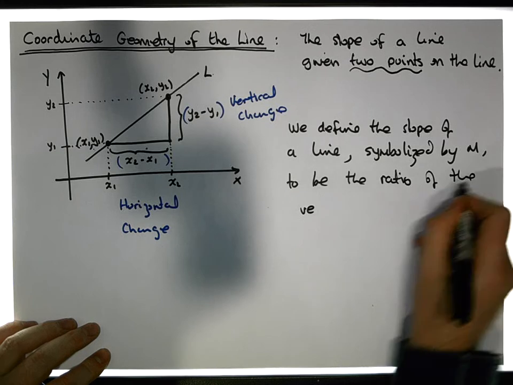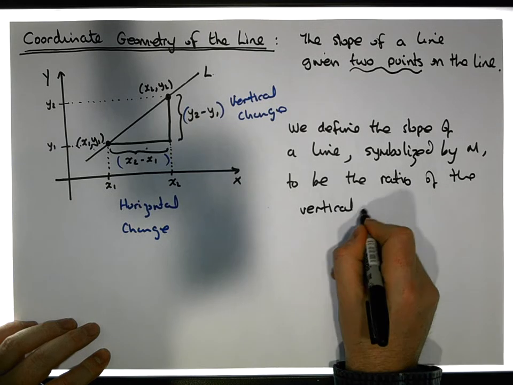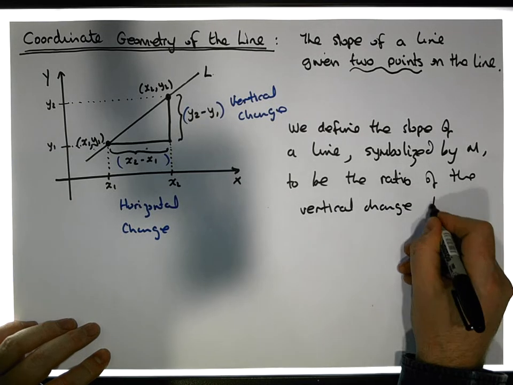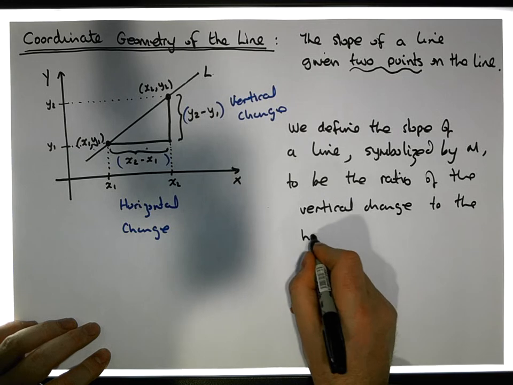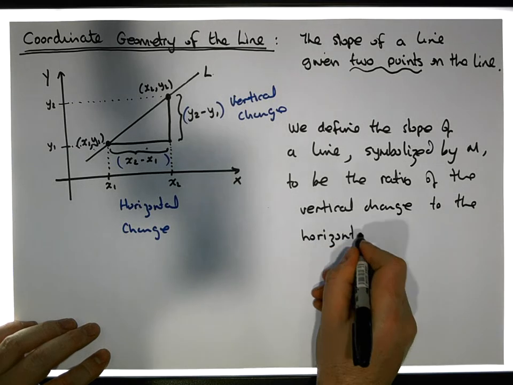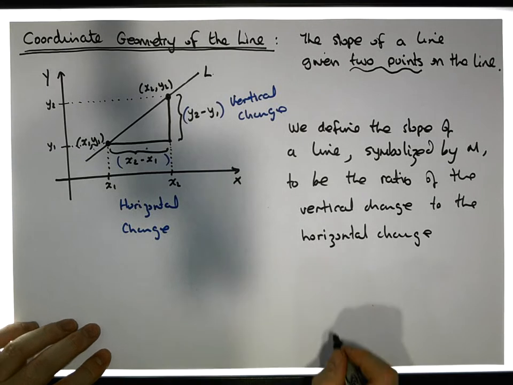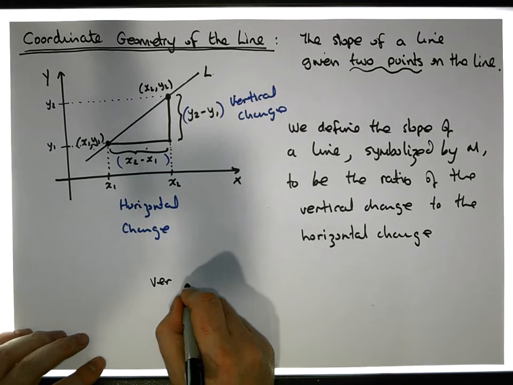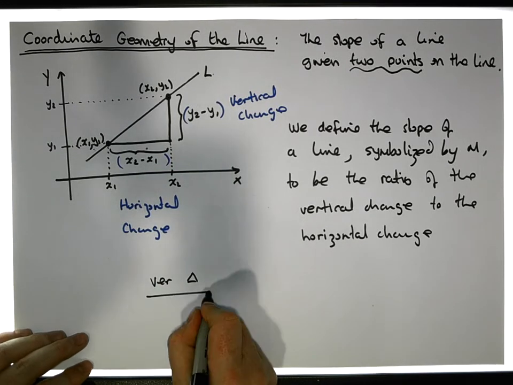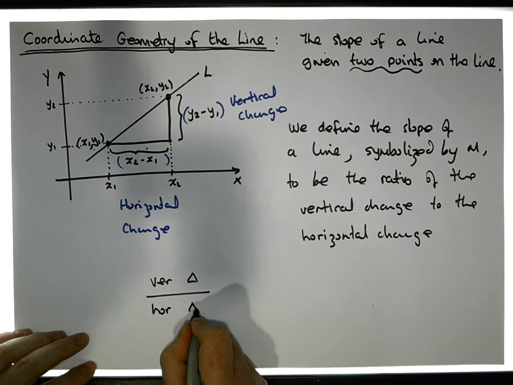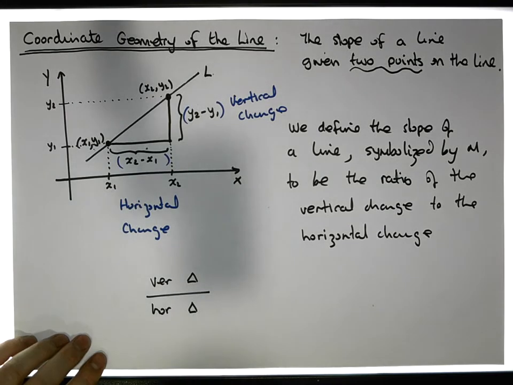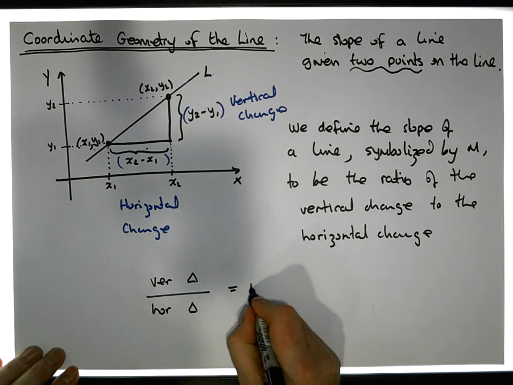In other words, it's the vertical change relative to the horizontal change. That's what we mean by the slope, and that's what m is.